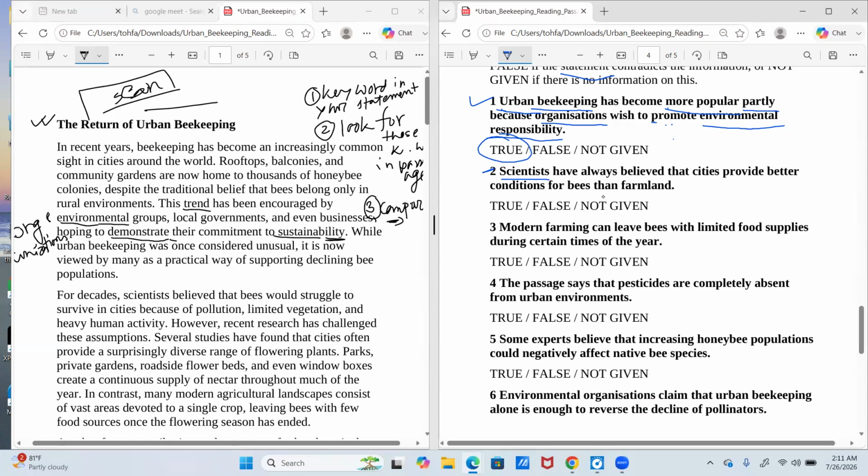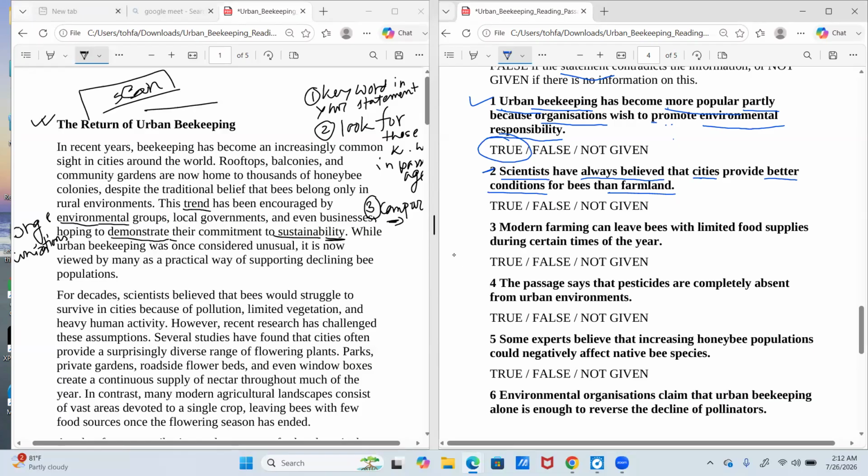Then, scientists have always believed, yes, always is a good clue. Then, cities, yes, provide better conditions for bees than farmland. Yes. Better conditions than farmland. So, thank you for answering. Please mute yourself for now.